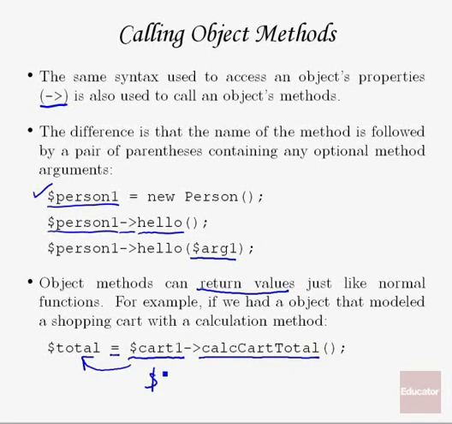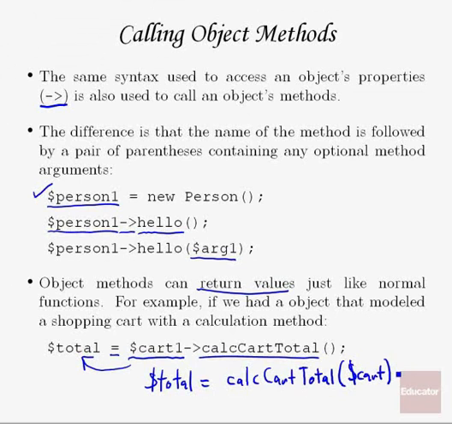That's the same thing as if we had instead done total equals calc cart total, or maybe we passed it an array of the items in the cart. This would return the value, the return value of this function takes its place and total gets set to it. The same thing happens here: the return value of this whole object statement gets returned and gets set into the value total.